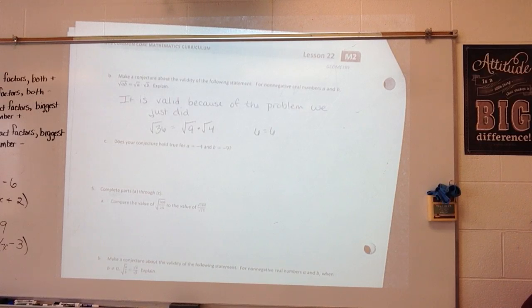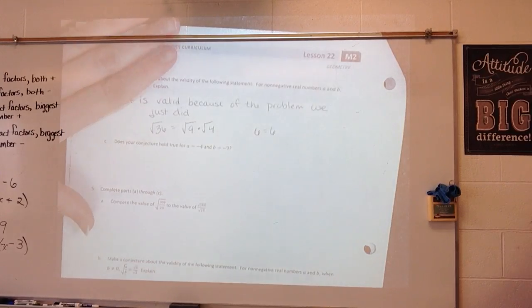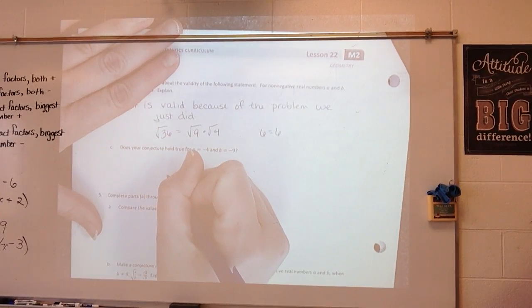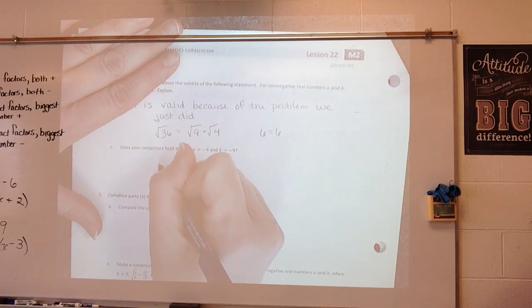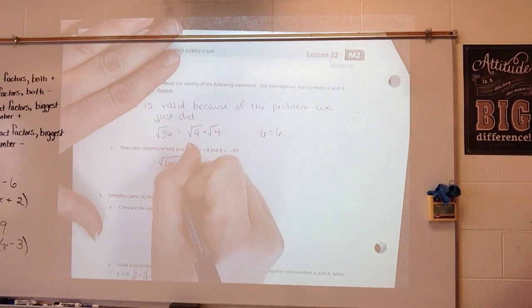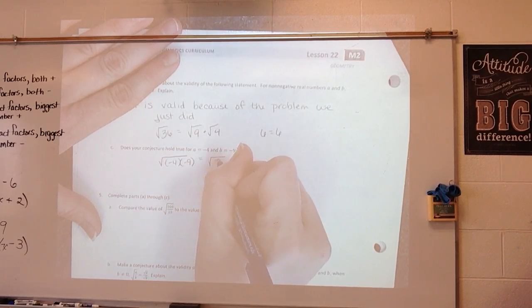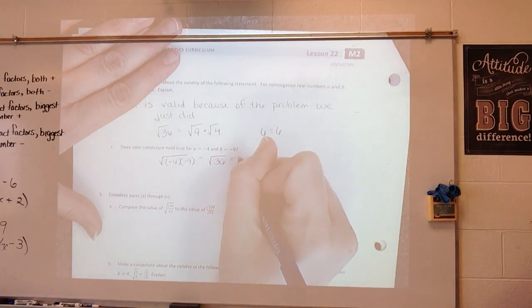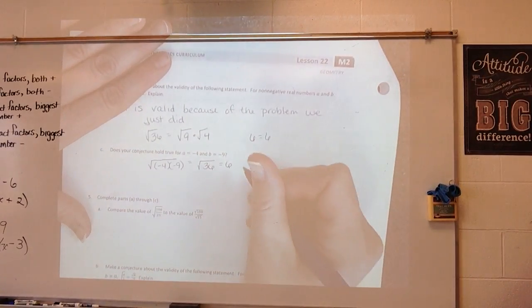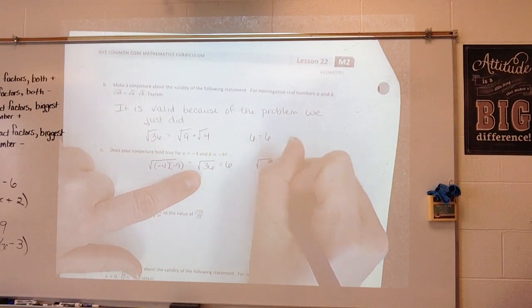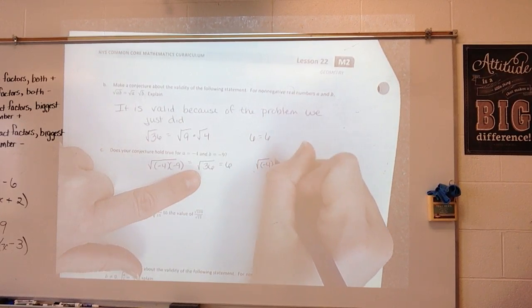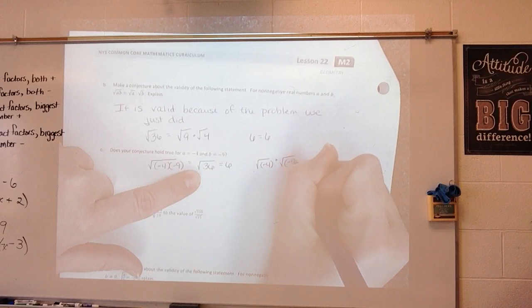Does your conjecture hold true for a is equal to -4 and b is equal to -9? Well, let's look at this. Let's do the square root of negative 4 times the square root of negative 9 gives me the square root of 36, which is equal to 6. But can I find the square root of negative 4 times the square root of negative 9?